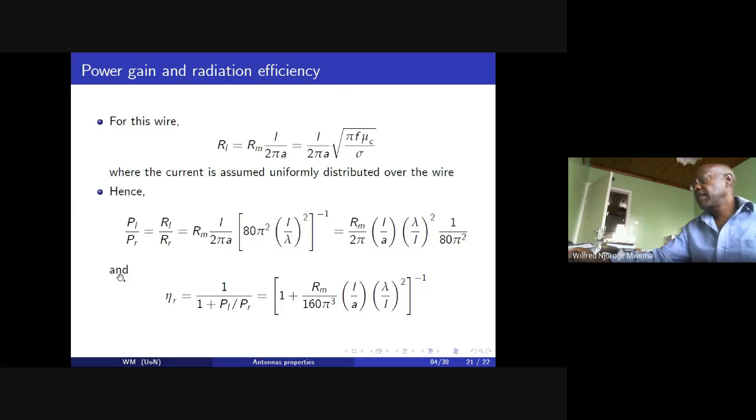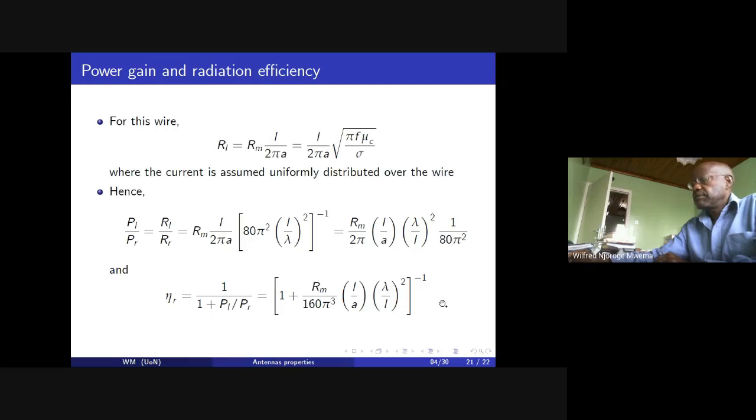The efficiency is therefore going to be given by the reciprocal of 1 plus Rm over 160 pi cubed times L over a, that is the ratio between the length and the radius of the wire, multiplied by the reciprocal of the length to wavelength ratio of that antenna.